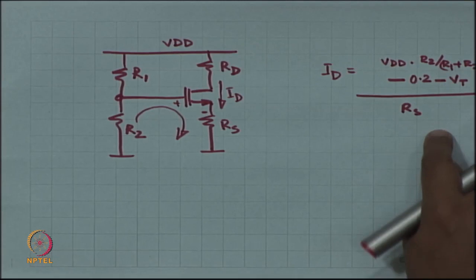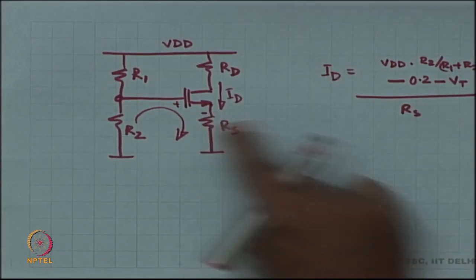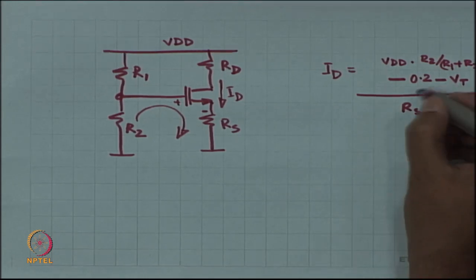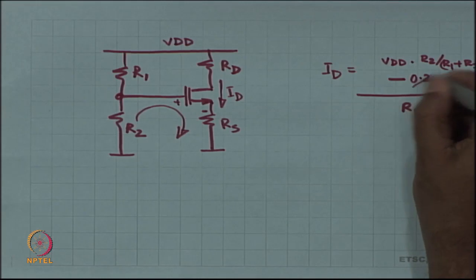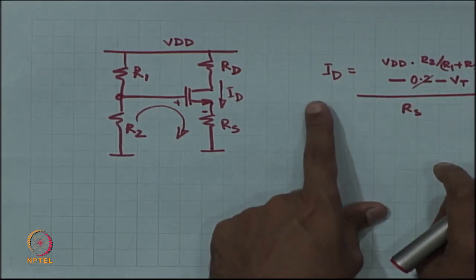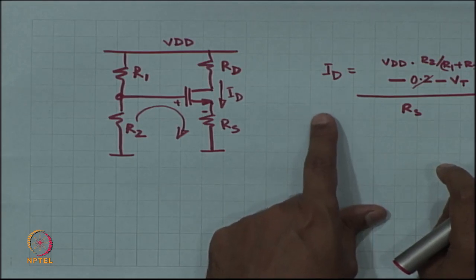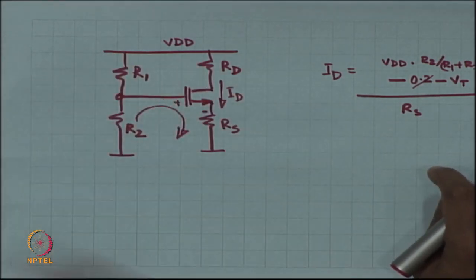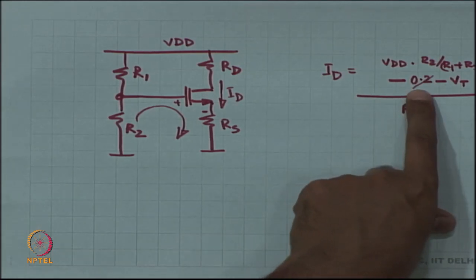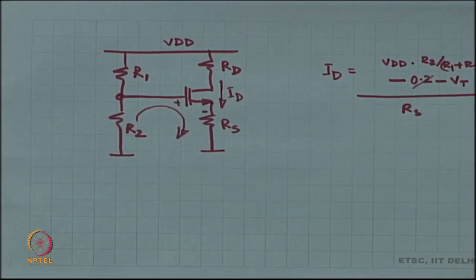Then you work back and ask what is VGST for this ID, my initial calculation of ID. You find that oh, it is not 0.2, it is 0.15. Then you correct this equation, make it 0.15. Then again find out what is VGST corresponding to that ID. You find okay, it is not 0.15, it is 0.175. Then correct the equation, plug in 0.175, and within 2 or 3 iterations you will be all set.